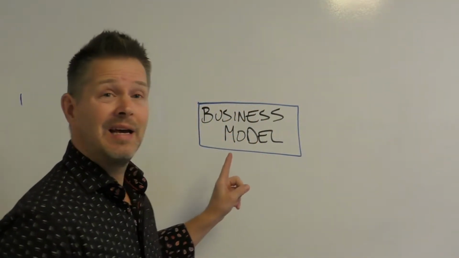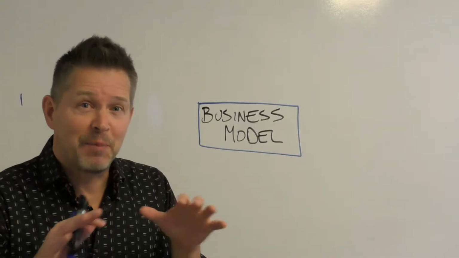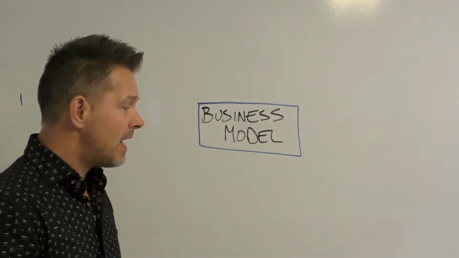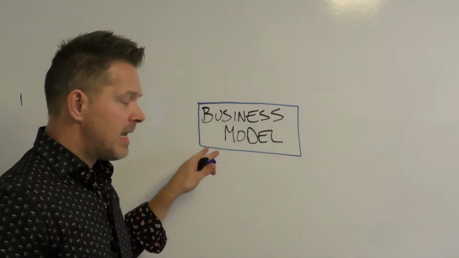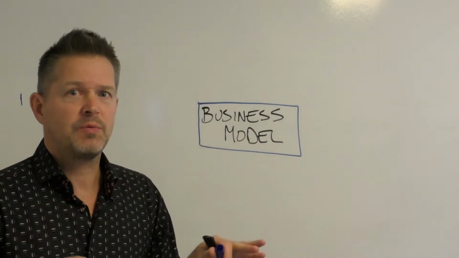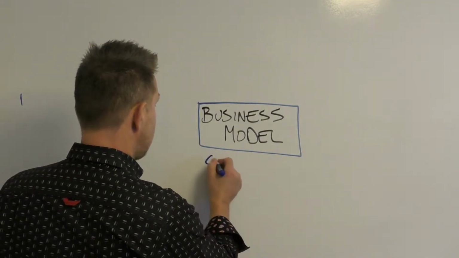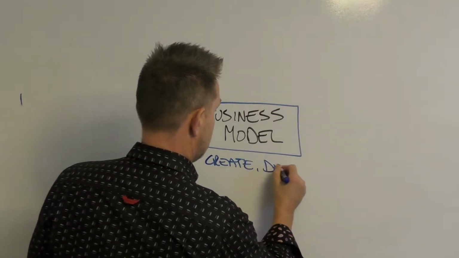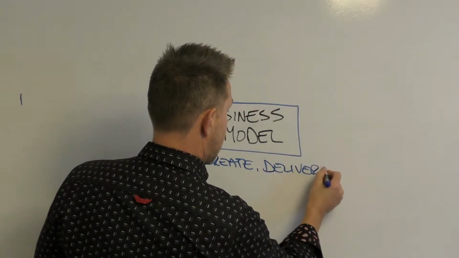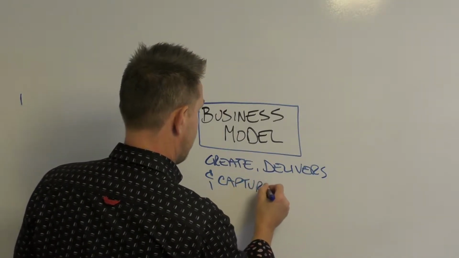But first, let's start with the definition of a business model, so we're on the same playing field in terms of what this is. One of the definitions that I really love is that a business model is the description of the rationale of how an organization creates, delivers, and captures value.